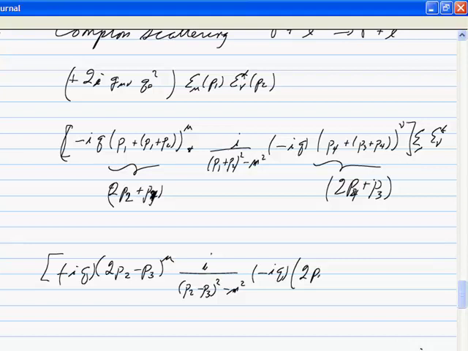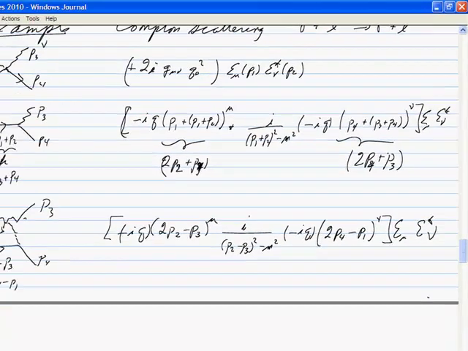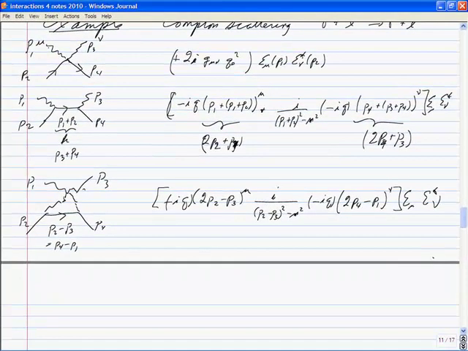It's 2p4 minus p1 at this vertex nu, with external epsilon mu's, epsilon star nu's. Okay, so those three amplitudes are the tree amplitudes for Compton scattering in this theory.